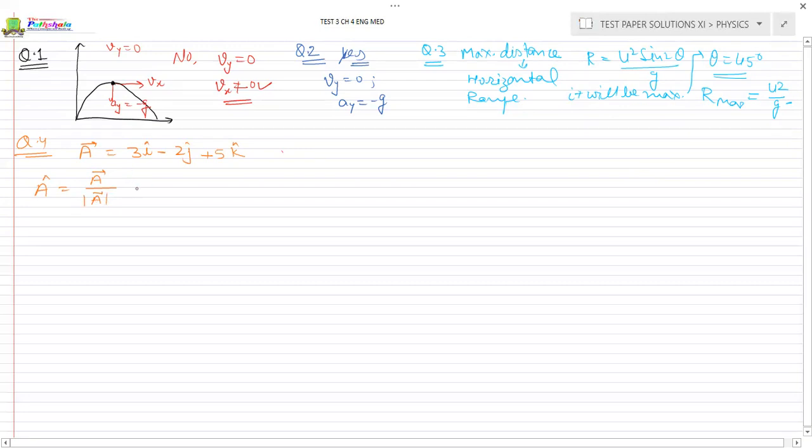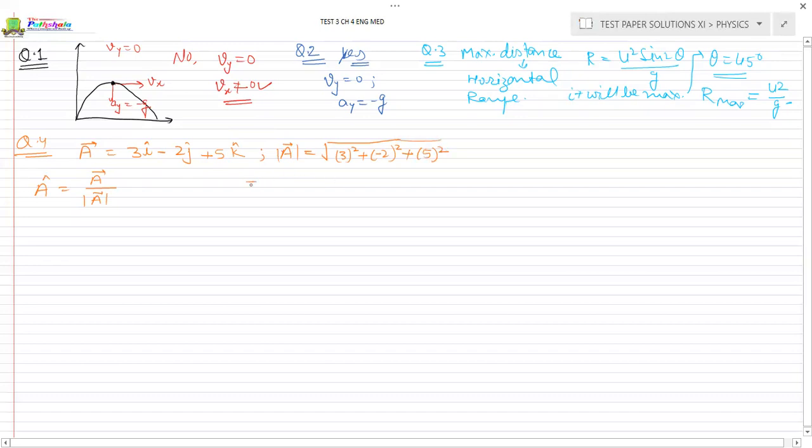Right? So first we will find the magnitude. The magnitude of vector A is equal to under root of coefficient of i cap squared plus coefficient of j cap squared plus 5 square.